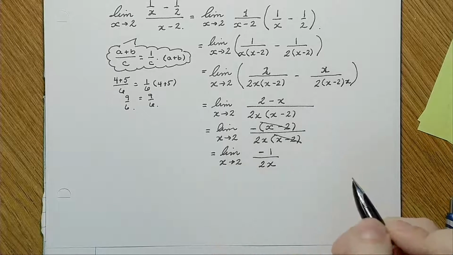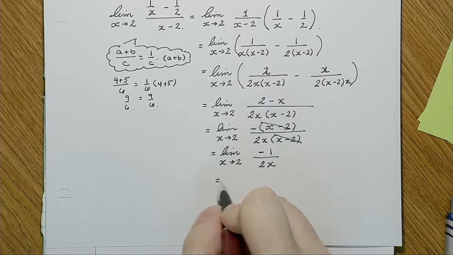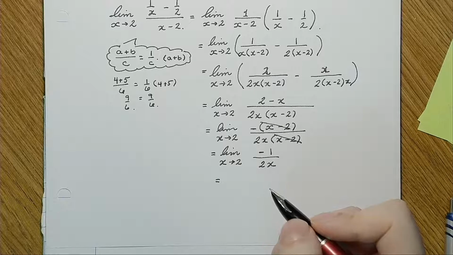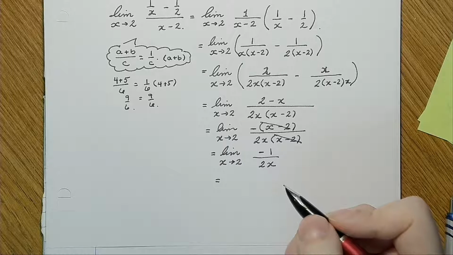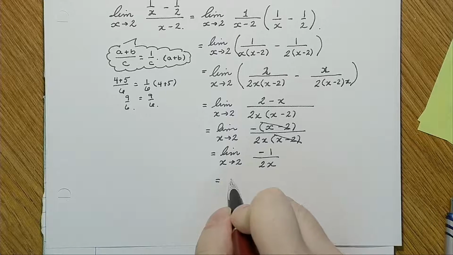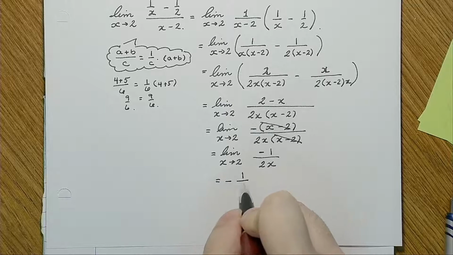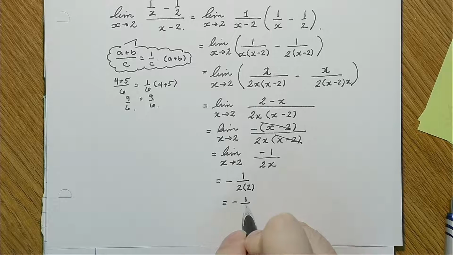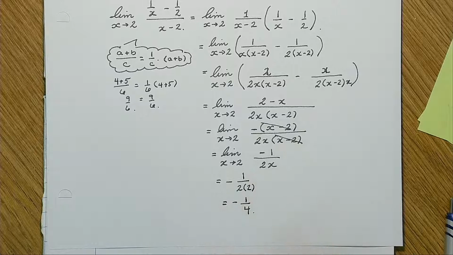Now I have a minus. Hopefully no one is upset that I've done anything like that, because that's where I'm getting that negative. And now I can substitute in that value. I have a minus 1 over 2 times 2, or I'm getting 1 over 4. So negative 1/4.